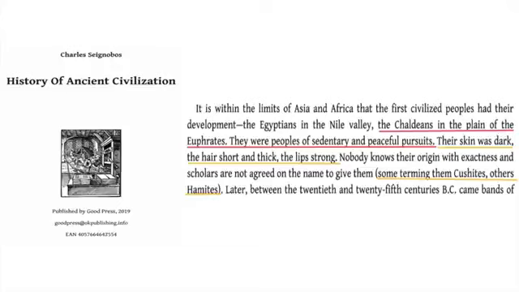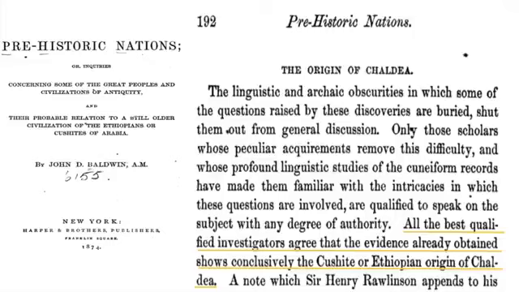Their skin was dark, the hair short and thick, and the lips strong. Some term them Cushites, others Hamites. So interesting. Again, we're seeing that Chaldeans are being represented as an African-looking people: dark skin, thick, short hair, strong lips. So it's very interesting.